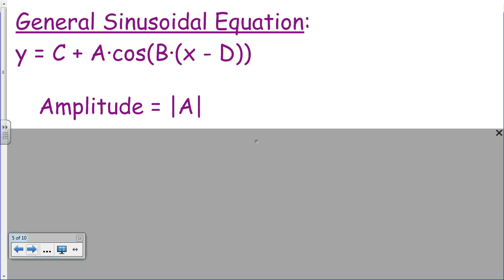And that value there, notice that you're multiplying A times the cosine function. That's a vertical stretch then, a vertical dilation is what I'll write here. It's a vertical dilation of that function. Okay, so the amplitude actually indicates the vertical dilation, but with a sinusoid we call it the amplitude.